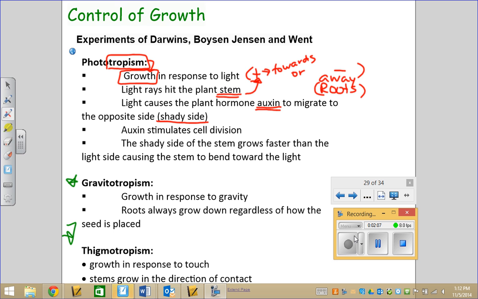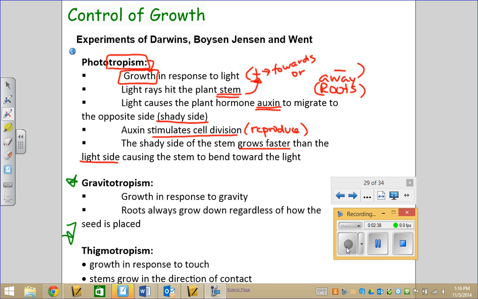This hormone stimulates cell division, aka we're reproducing cells. So the shady side of the plant will start making more cells. The result is that the shady side of the stem grows faster than the light side, and that makes the stem bend towards the light.